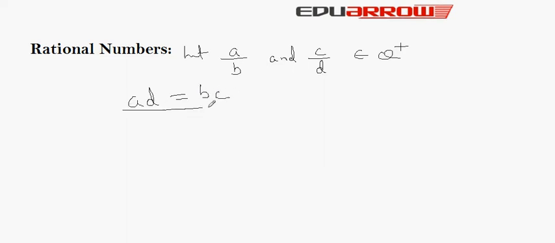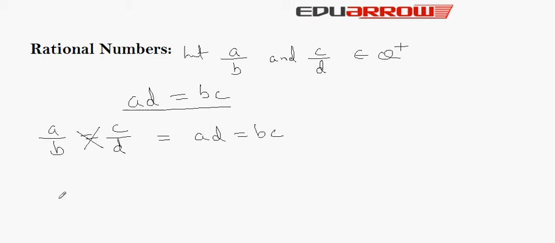We conclude this as A by B equal to C by D, and if we cross multiply here, we can write this as AD is equal to BC.